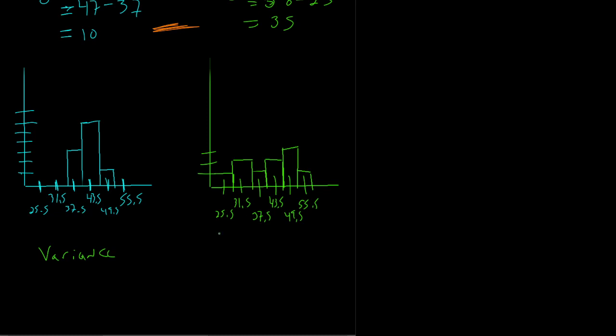And what we're going to do is compare each piece of data to the mean. Now we're going to do Corp A by hand, and then I'm going to show you how to do it on the calculator for Corp B so that we can compare the two.